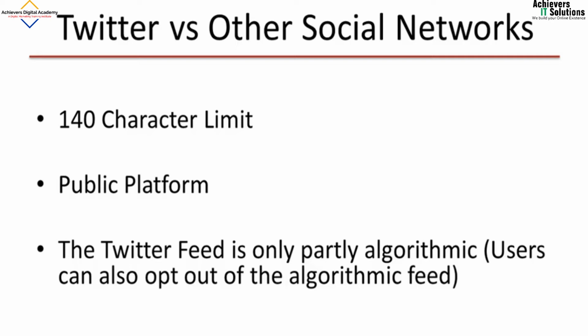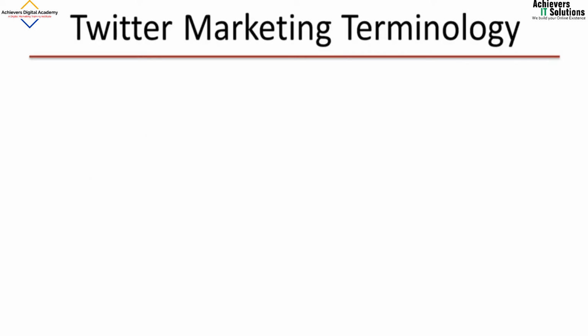So that is another key point that we as marketers should note, that as of now, Twitter's feed is still only partly algorithmic. So with our understanding of the platform and how Twitter is different from other social networks, let's move on to understanding some key terms which we'll be using in Twitter marketing.